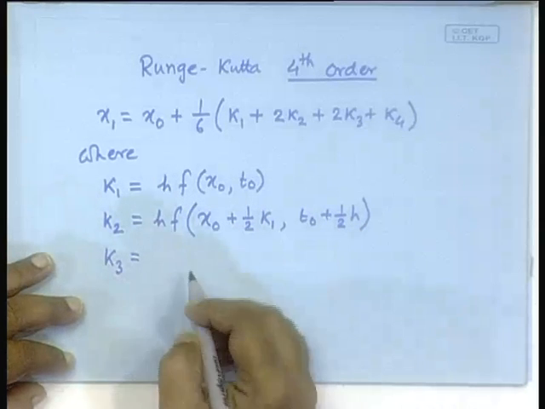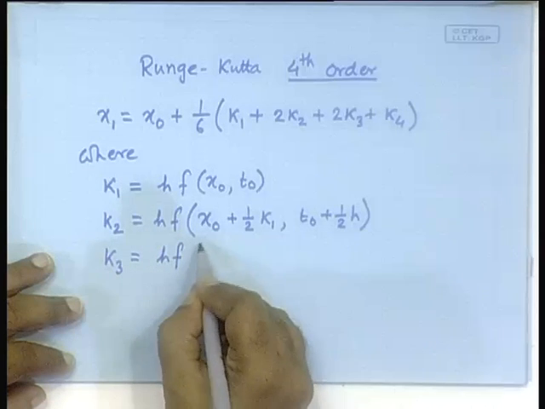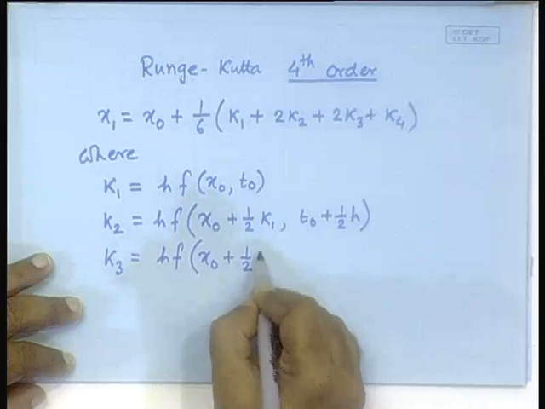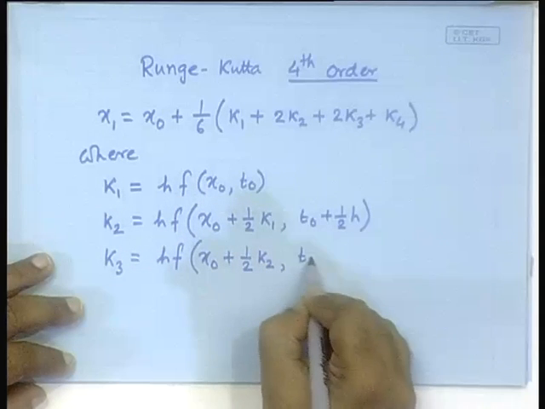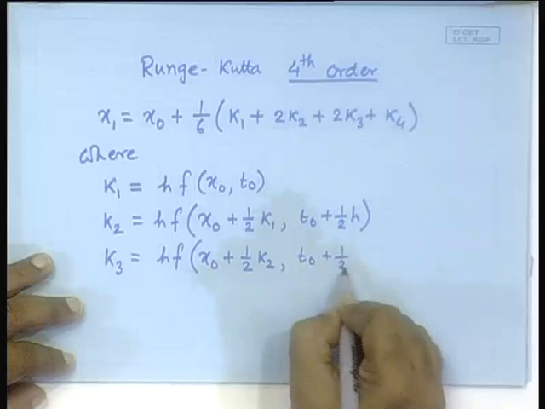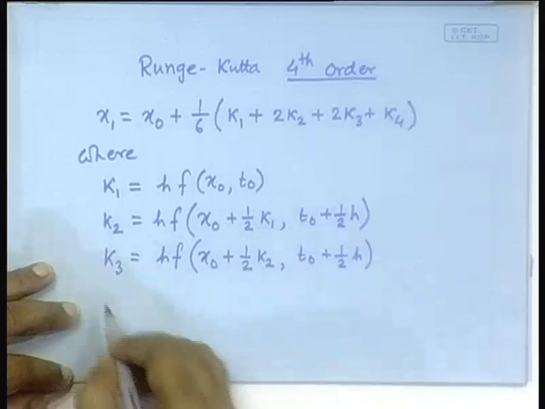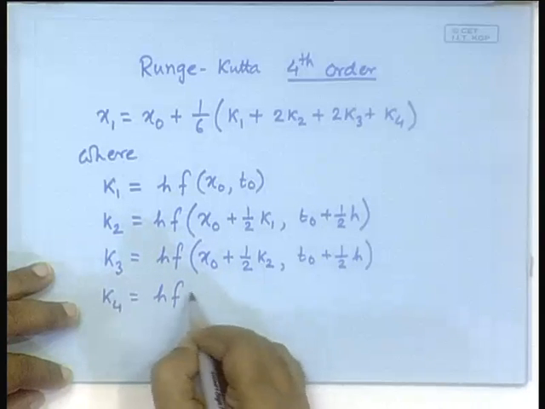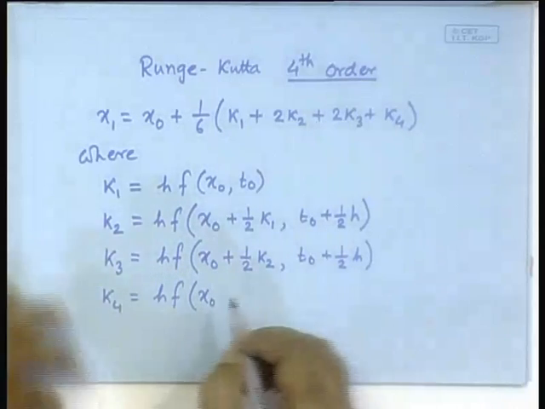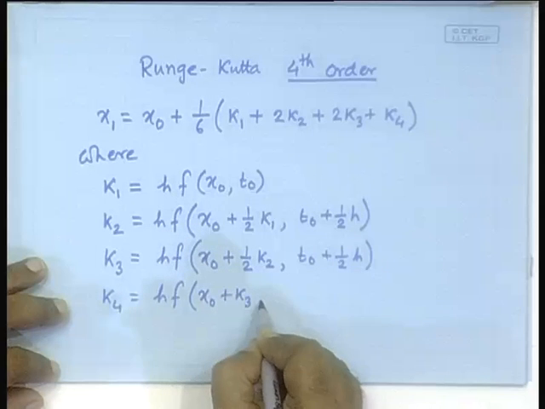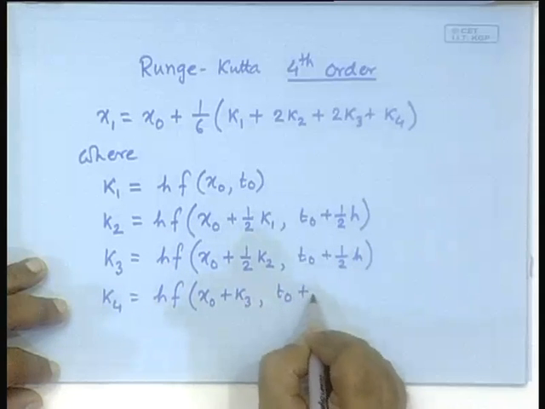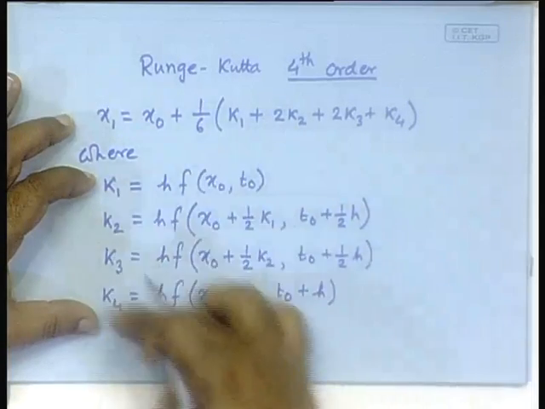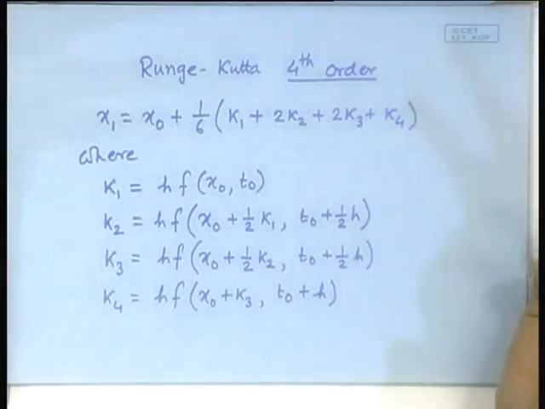K3 will be h f of x naught plus half k2, t naught plus half h, and k4 will be h f of x naught plus k3 and t naught plus h. Okay. So, once you have calculated this you can substitute it here and you can get the first step.